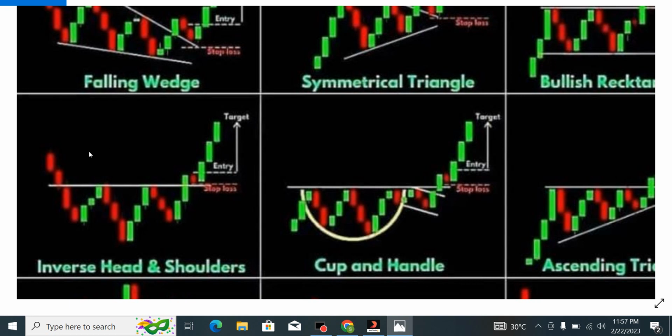You guys must have seen a pattern like this also, but in most cases we are familiar with the head and shoulder pattern. But this is the inverse version of it. So when you notice all this, then you should understand that that is what should happen next.